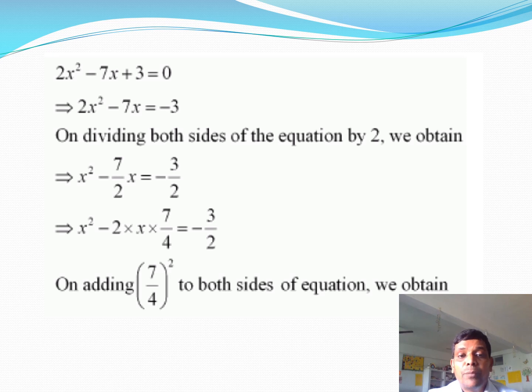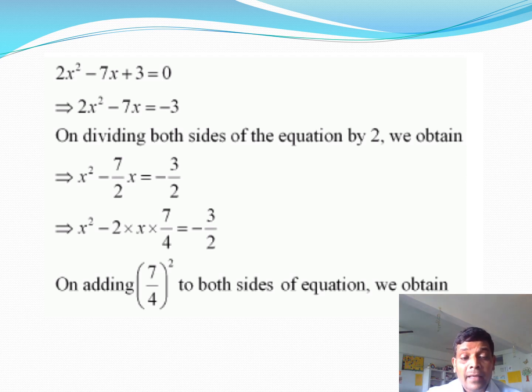On dividing both sides of the equation by 2, we obtain x square minus 7 by 2 x equals minus 3 by 2. X square minus 7 by 2 x is in the form of a square minus 2ab, equal to minus 3 by 2.